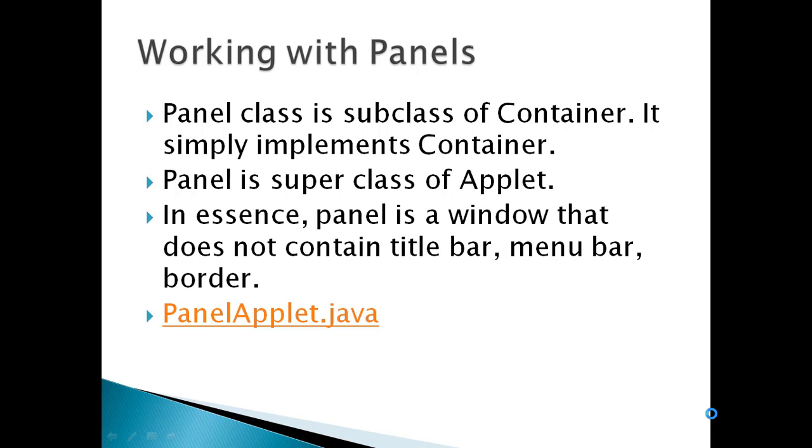A container is a control which can hold other controls, other GUI elements. Panel is a superclass of Applet. In essence, a panel is a window that does not contain a title bar, menu bar, borders, etc.